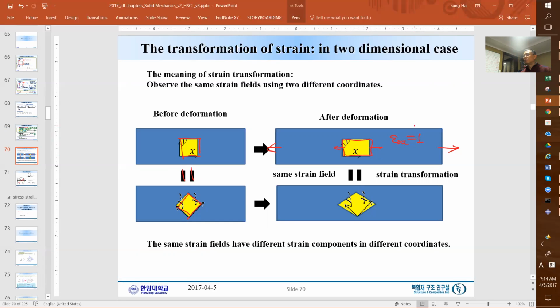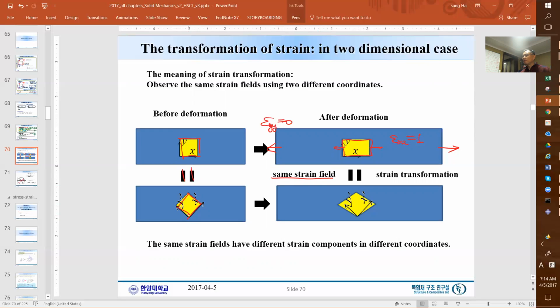Others will be zero. Notice that epsilon YY is simply zero. Again, they are exactly the same material and the same deformation, which means the same strain field, but we observe this same strain field in a different coordinate.